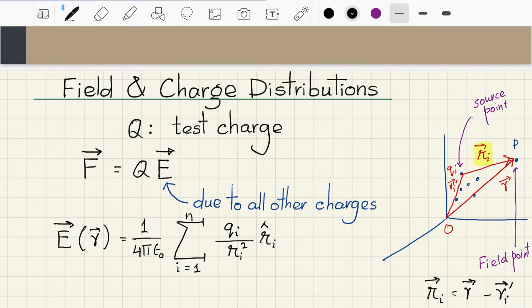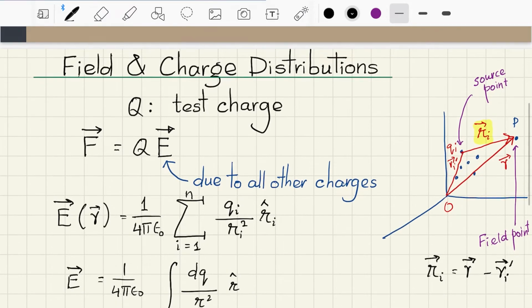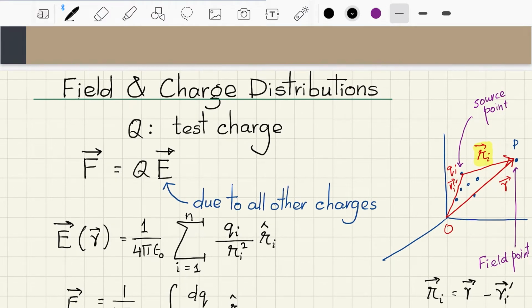So we can consider E as 1 by 4 pi epsilon naught, this will become an integral of dq, the source, over curly R squared, R hat. This is just writing it for a continuous distribution. And what is dq?